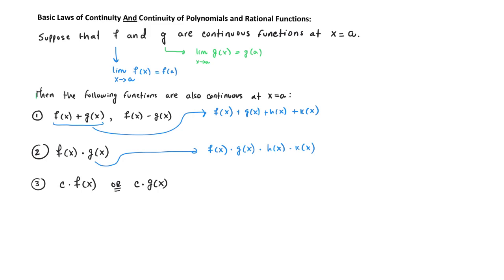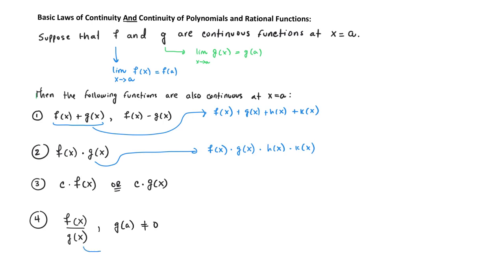And then we need division. So that's property number 4. Division will say that if we build a new function, which is equal to f of x over g of x, then this new function right here will be continuous as long as g of a does not equal 0, right?